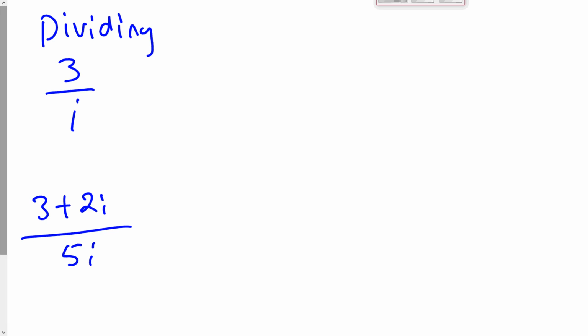Okay, dividing. When I'm dividing, if you want to keep the habit from when we rationalize, just multiply top and bottom by the conjugate of the bottom. So remember, with complex numbers, we have a plus bi. We have a real part and an imaginary part, right?